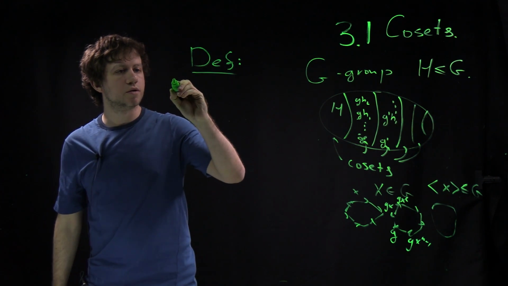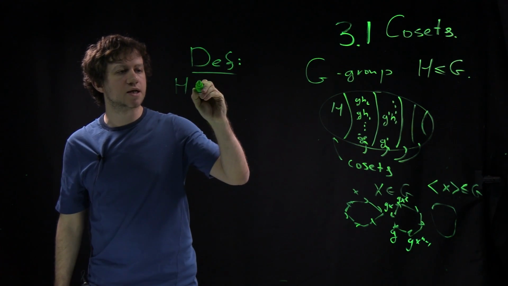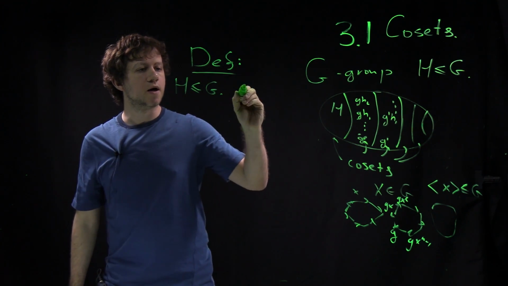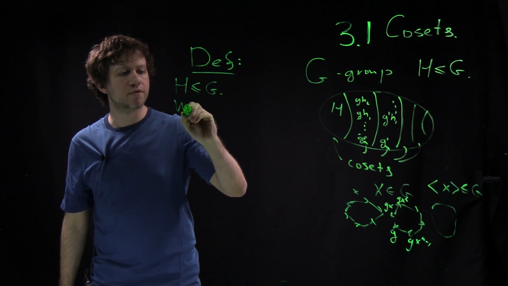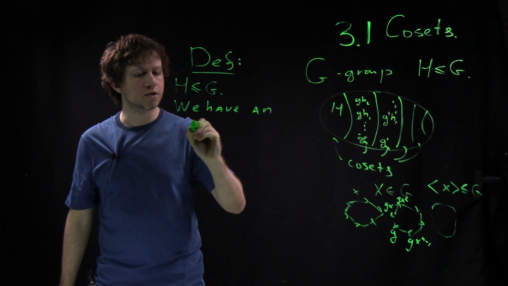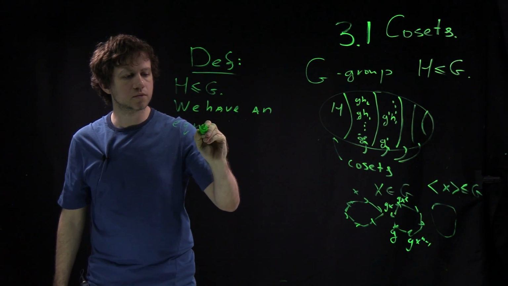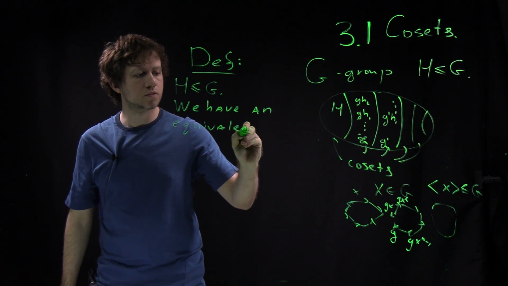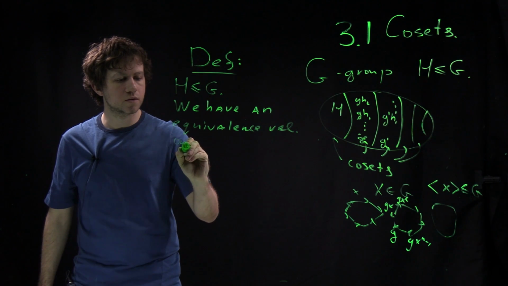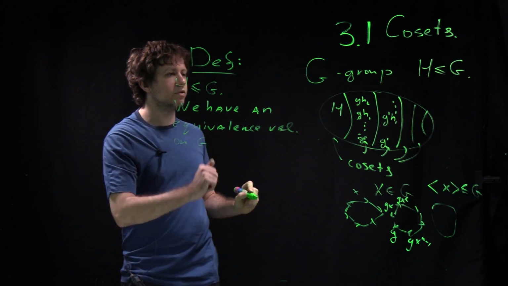So H is a subgroup of G. Then we have an equivalence relation on G, and the equivalence relation is as follows.